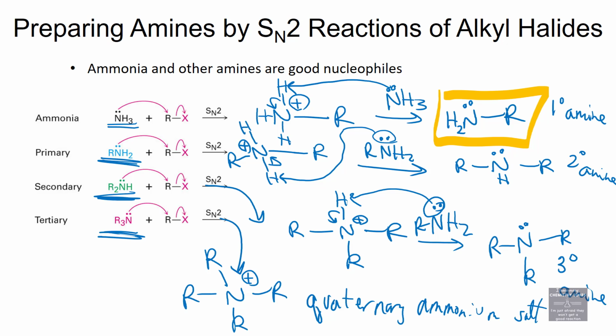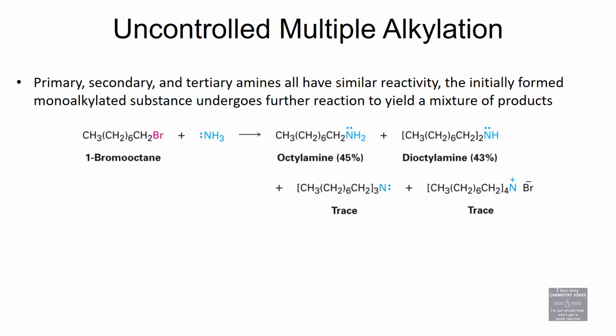That's not good enough. If you put together these 2 things in solution and you wanted that orange boxed thing as your product, that's not what you get. You get a mixture of primary amines, secondary amines, tertiary amines, and even quaternary ammoniums. Primary, secondary, tertiary all have similar reactivity. Yes, this says only a little bit of tertiary amine, only a little bit of quaternary ammoniums.